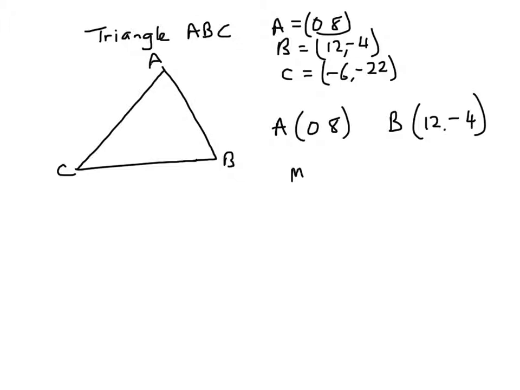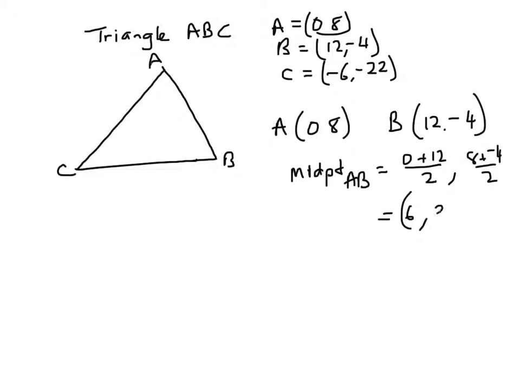The midpoint of AB is going to be 0 plus 12 divided by 2, 8 plus negative 4 divided by 2. That gives 12 over 2, which is 6, and 4 over 2, which is 2. So I have a midpoint here.